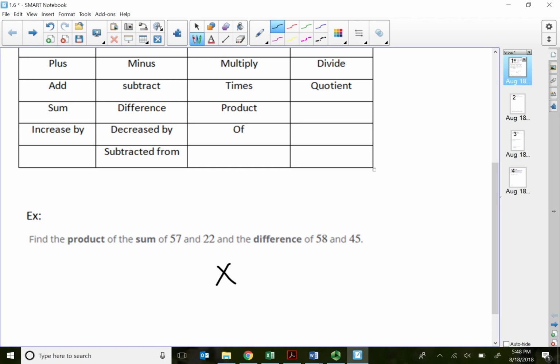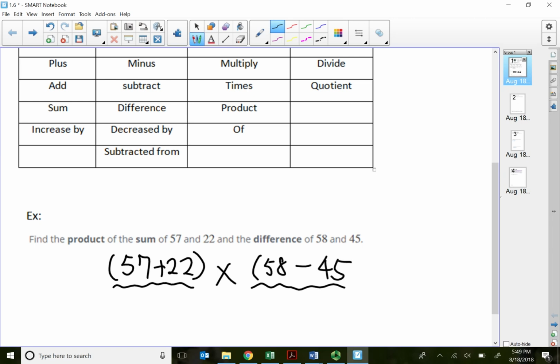When I write down a multiplication sign, there's got to be someone in front of it, someone behind it. So it's going to be the multiplication of the addition of 57 and 22, and I also need to subtract 58 and 45. The difference means subtraction between 58 and 45.